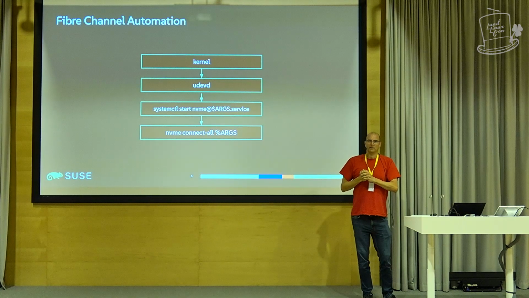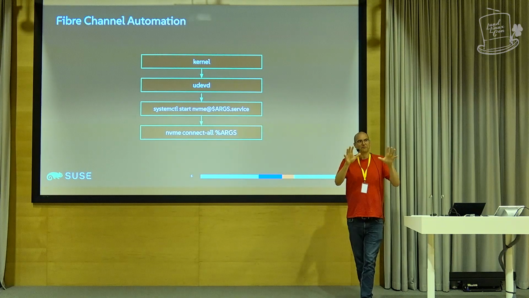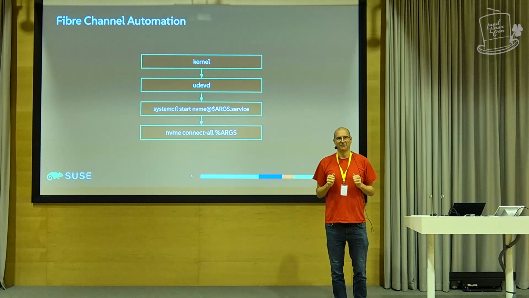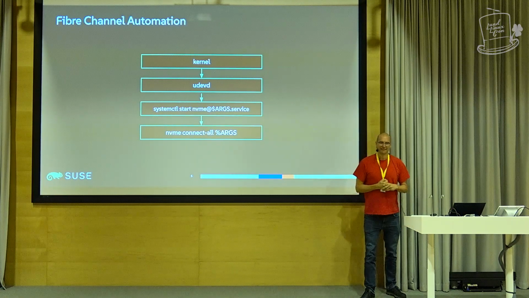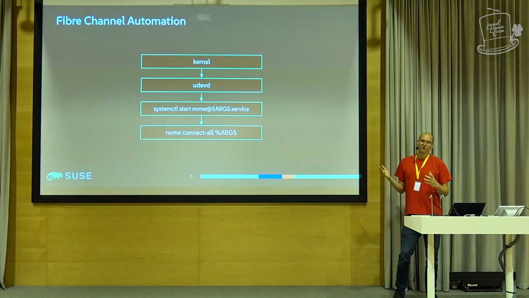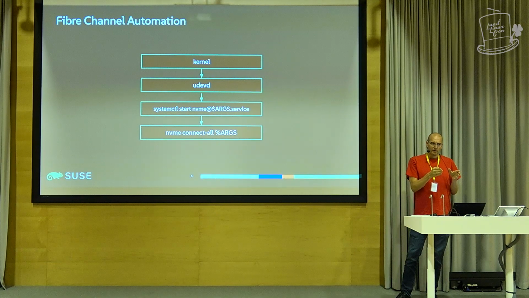So what does connect all do? Any question? Has anyone an idea what connect all should do? Yes, everyone has a different opinion about what it should do. Some want it to connect only the fiber channel things it found.